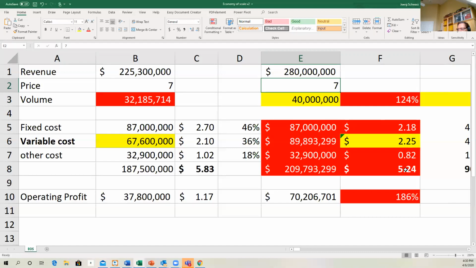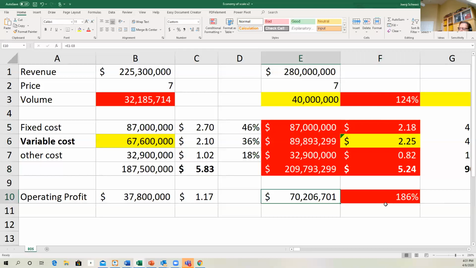So my variable cost increased, as I said, per unit, and my overall variable cost also increased. But since I am producing more, I still have the lower fixed cost and the lower other costs per unit. So my cost per unit is still at $5.24, which means it is still lower than at the powder at a lower volume.